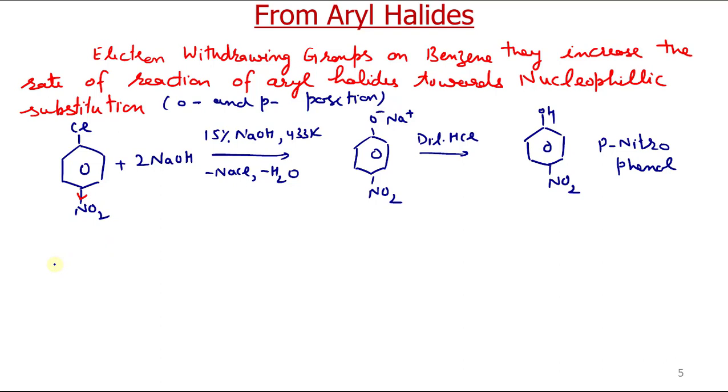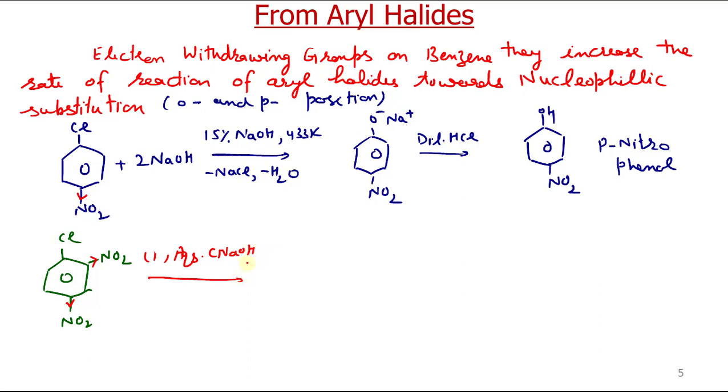Now let us write the reaction. If we have more than one nitro group, then the reaction becomes even less severe. We don't require that much severe condition. Suppose we have two nitro groups, both electron withdrawing, so they will appreciably increase the rate of reaction. Now we just require aqueous NaOH, a very dilute NaOH solution.